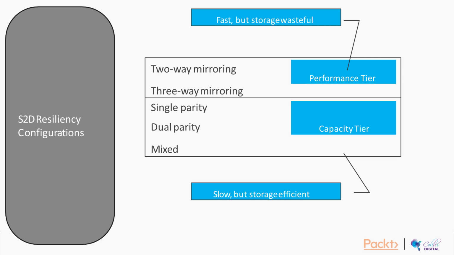Now, this auto configuration will take a look at the hard drives that exist on each machine. And by default, use the fastest drives there for your performance tier, right? If you have SSD drives, it will use those for the performance tier. If you have typical traditional spinning drives, it tends to move those down to the capacity tier.